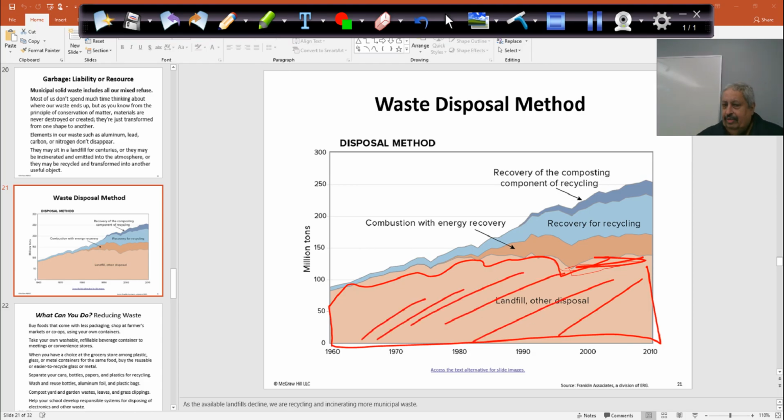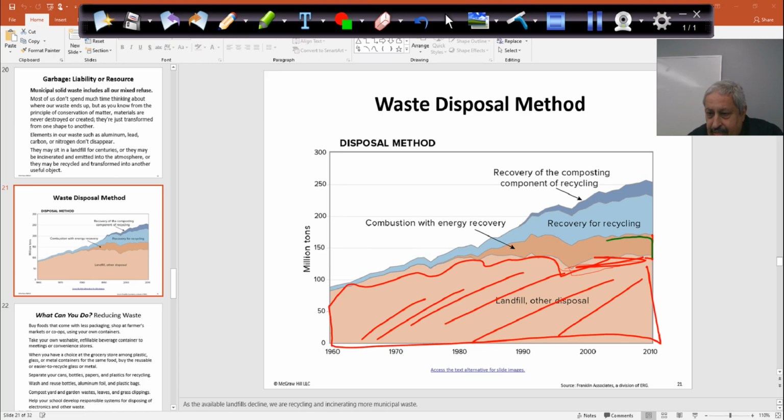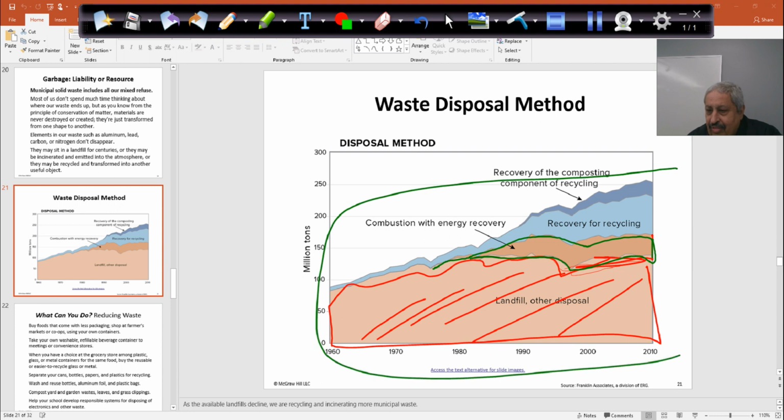But then when you do the combustion and burning, you get rid of this amount here. This amount here is recovered. That's the whole landfill. But you can see, you can get rid of a portion of the waste in the landfill by burning it. This is the portion here, and then you can recover by recycling.